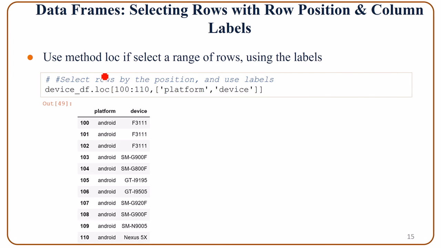The next is selecting rows with row position and column labels. So when you select a data frame by rows with row positions and column labels, use the loc method.